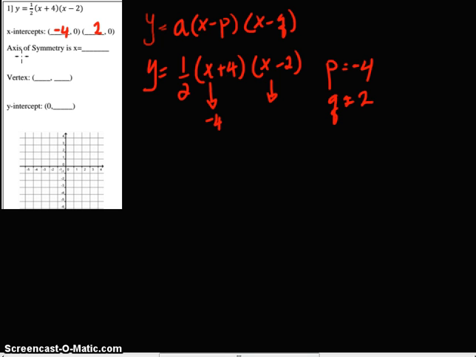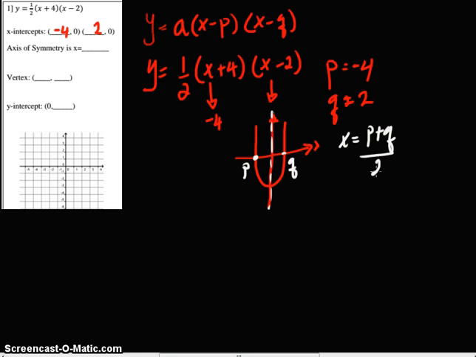Now the axis of symmetry, when you have intercept form. I'm going to draw a graph and demonstrate this. Let's say this is our graph, this is x, and this is y. If this value is p right here, and this is q, to find the axis of symmetry, all we have to do is add the two together, p plus q, and then divide by 2, because it divides the roots into two equal parts.